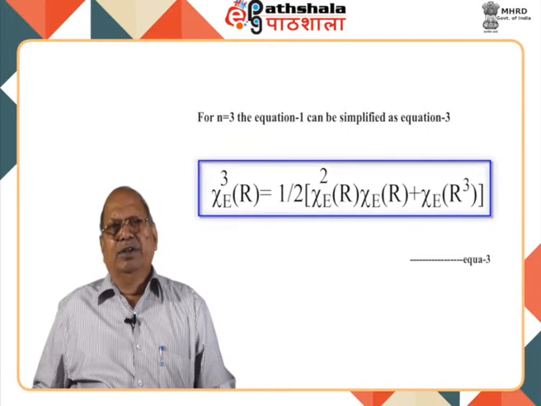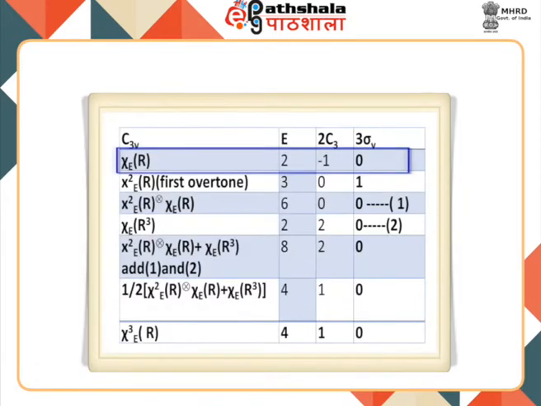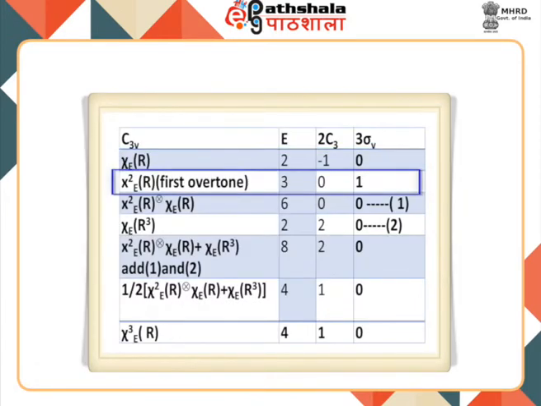The value of chi 3 E R is summarized in the table. Here chi E R is 2, minus 1, 0, and chi E R square, or chi E 2 R, is given as 3, 0, 1, as we have obtained for the first overtone earlier.